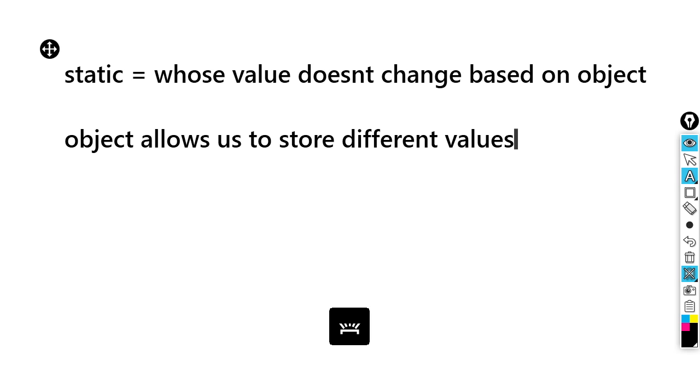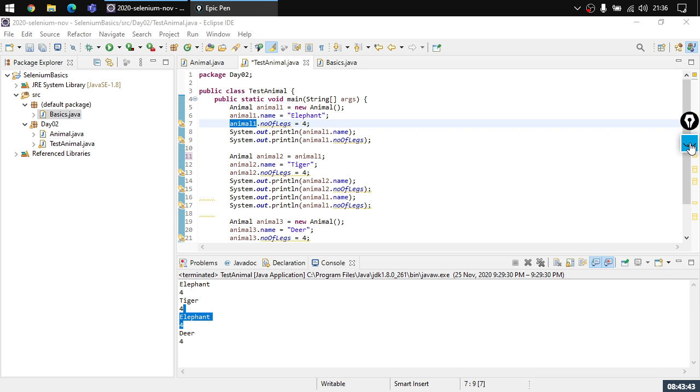Whatever variable or element the object is accessing, that element is non-static. Why? Because the value is changing. The value is not static. So here, if I specify static, I need to access that variable with the help of the class name itself.